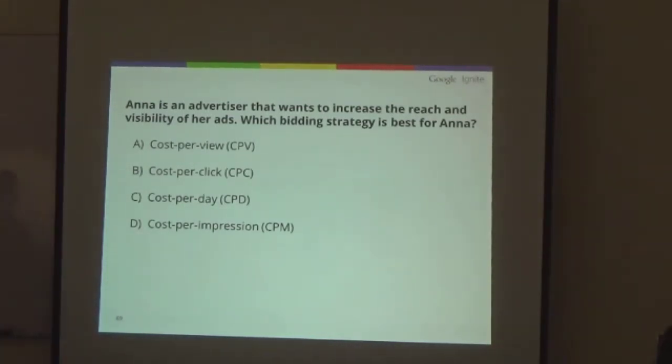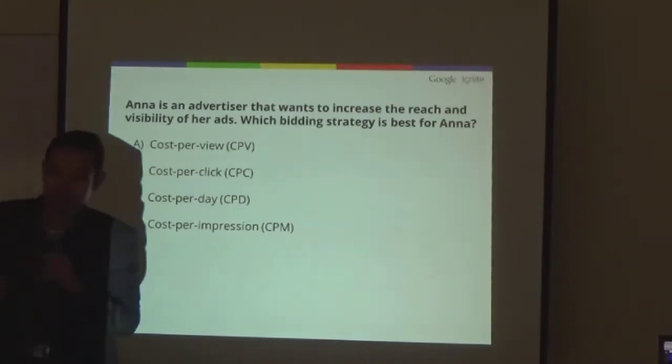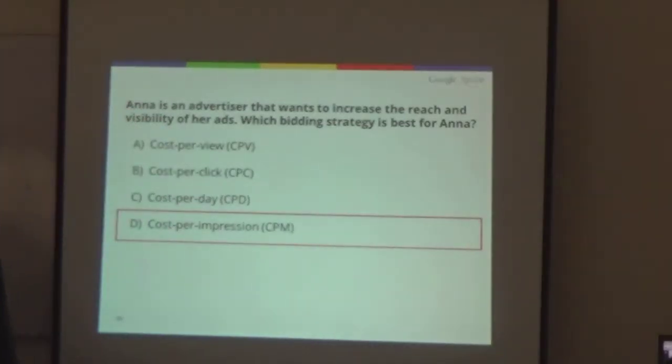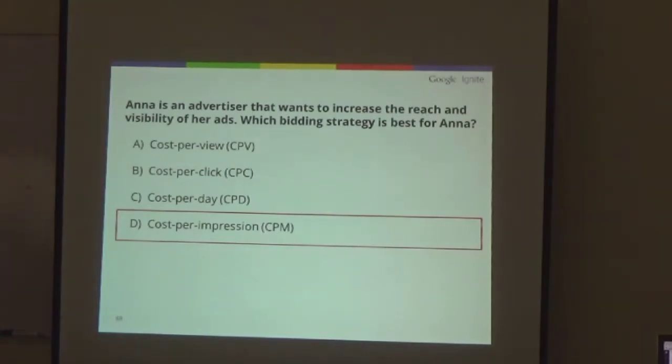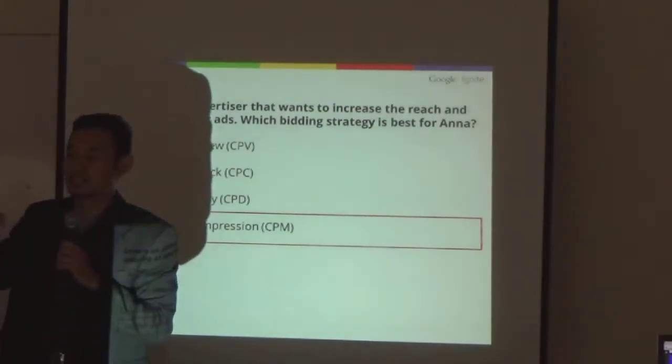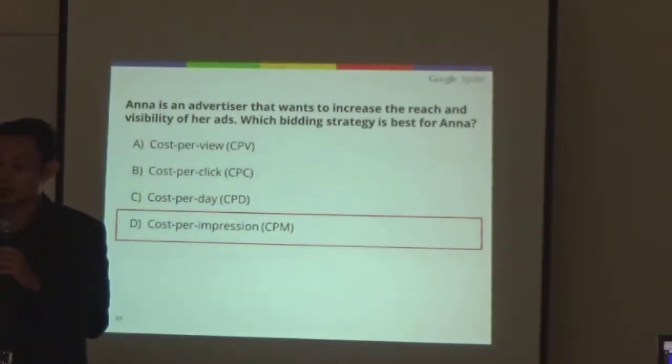I'm going to talk about the YouTube advertising model, cost per day, tomorrow. So definitely the answer is for brand awareness, where one of the key success metrics is to get reach, the CPM bidding strategy works best for this scenario.